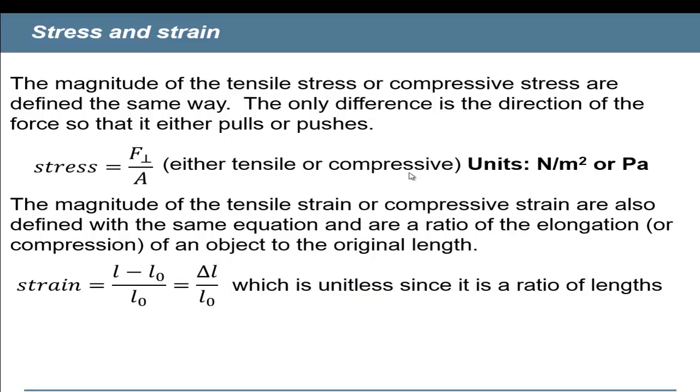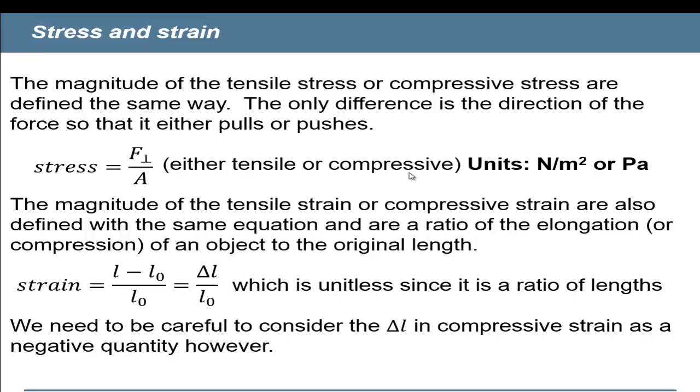We do, however, need to be careful about direction when we're talking about strain, because if we're talking about a tensile strain, then the rod or body or object is getting longer, right? So we would call that a positive delta L when we have tensile strain. If we have compressive strain, though, the object is getting shorter, so we would consider delta L to be negative.